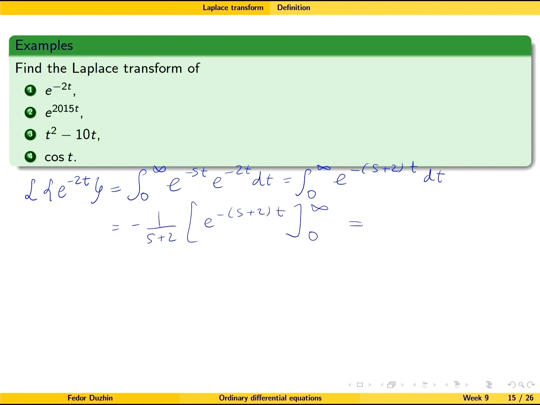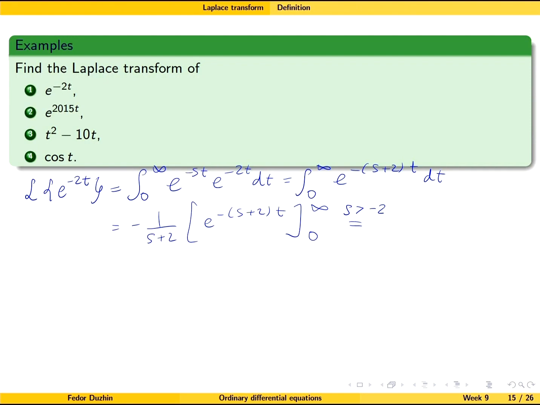So in order for this to be a finite number, we must have s bigger than negative 2, right? Because if s is smaller than negative 2, then s plus 2 is a negative number, so minus (s plus 2) is going to be a positive number, and the limit of e to a positive exponent times t as t goes to infinity is going to be infinite, and this is just undefined.